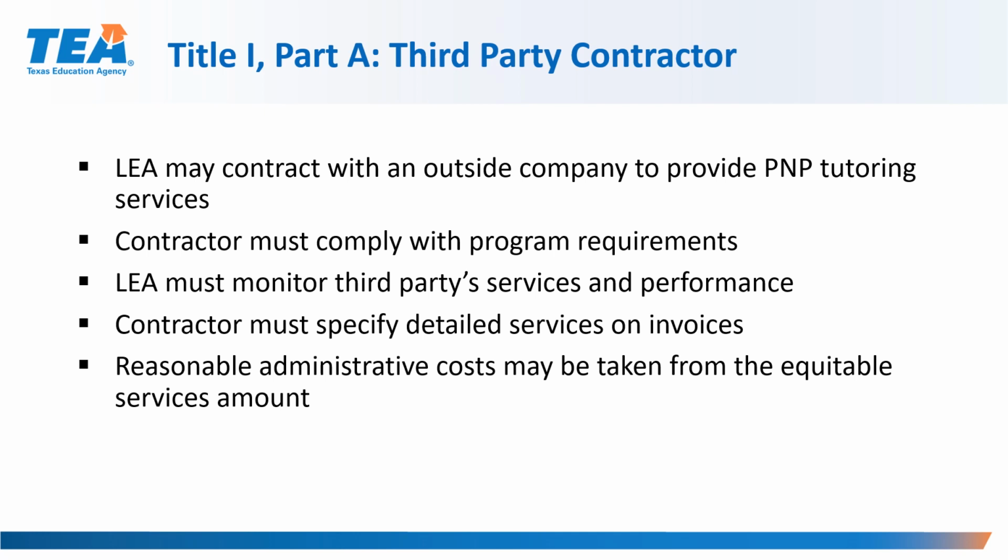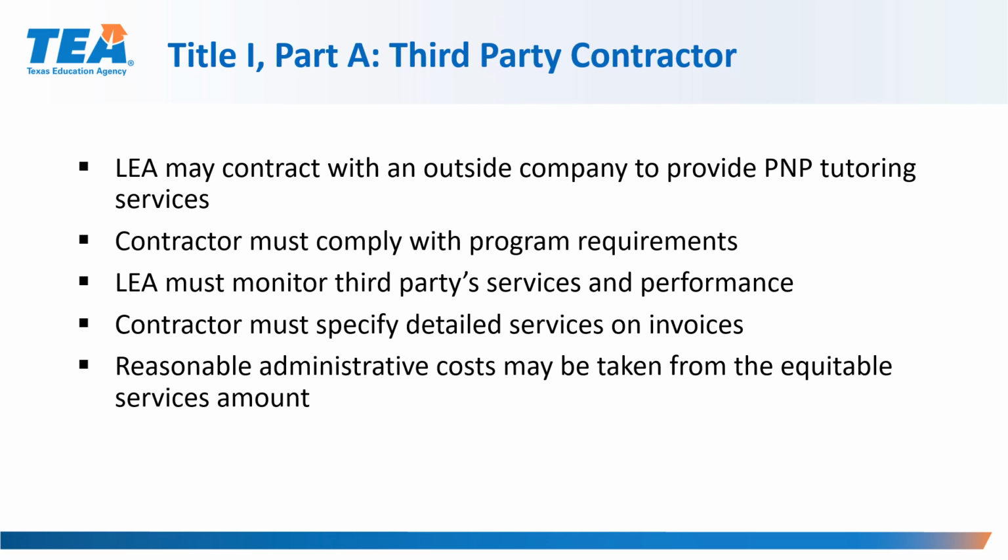In regards to a third-party contractor under the Title I Part A program, the LEA may contract with an outside company and provide the private nonprofit school tutoring services. The contractor must comply with all Title I Part A program requirements.